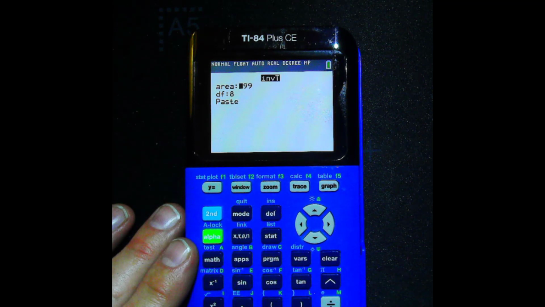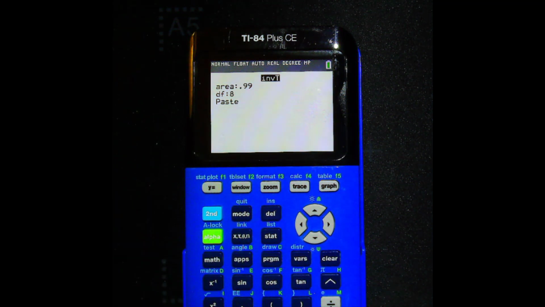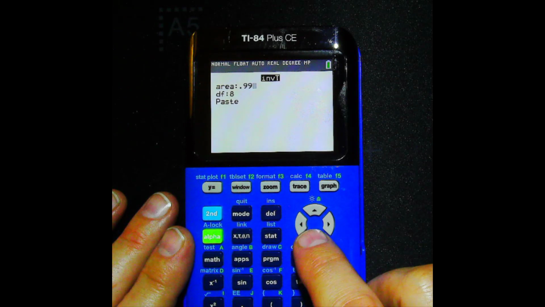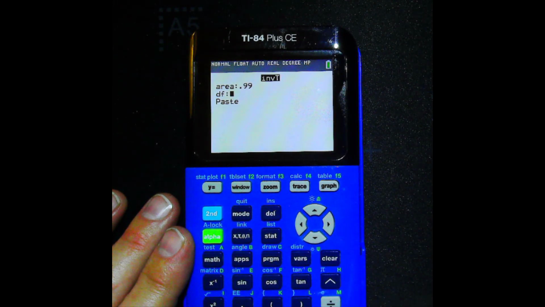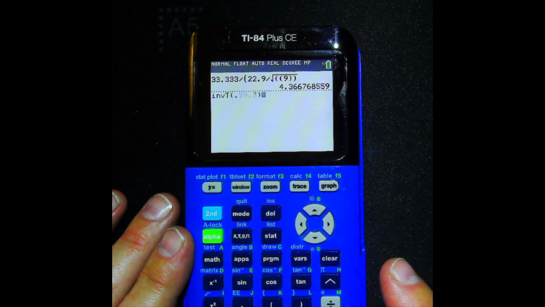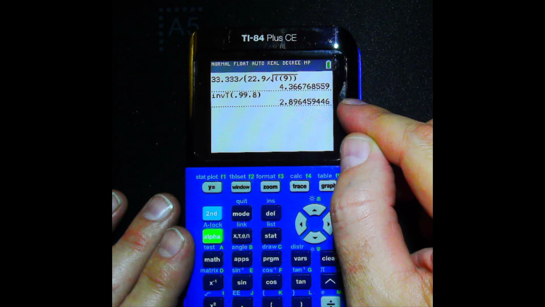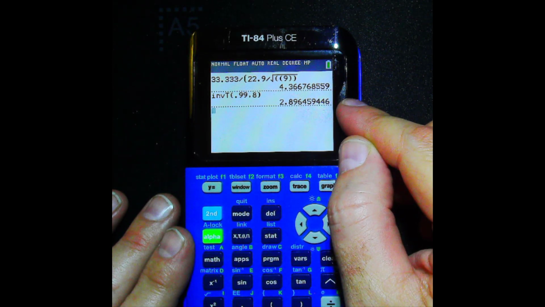The area is, we're using a level of significance here of 0.01, so I'll use 0.99. The area to the left, the degrees of freedom is 1 less than the sample size, so that's 8. And so our critical t is 2.896.